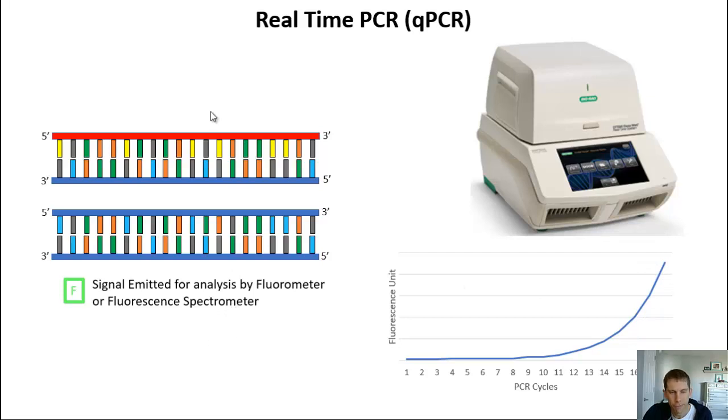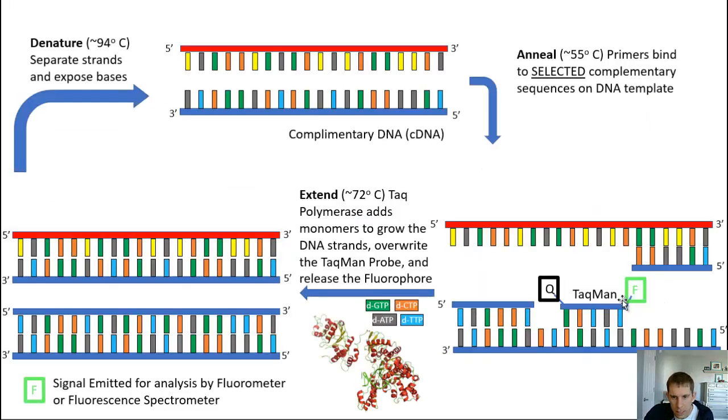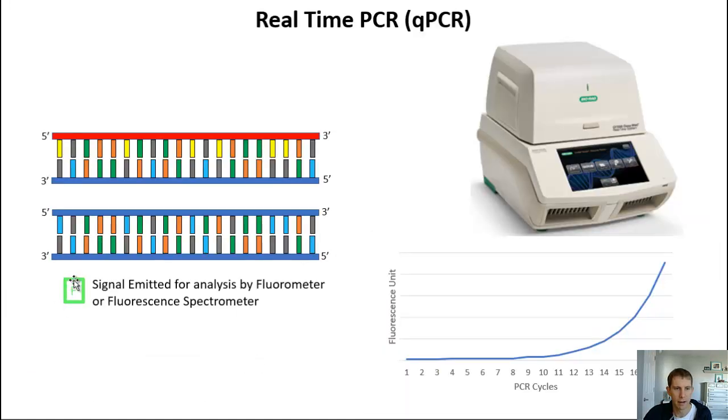So if originally we did have the RNA strand that was the COVID-19 virus, which means that our TaqMan probe here has something to bind to so that it can be overwritten and broken apart in the process, then we will continue releasing that fluorescence signal, and the fluorescence unit will continue to grow in our analysis program that's attached to our qPCR device.